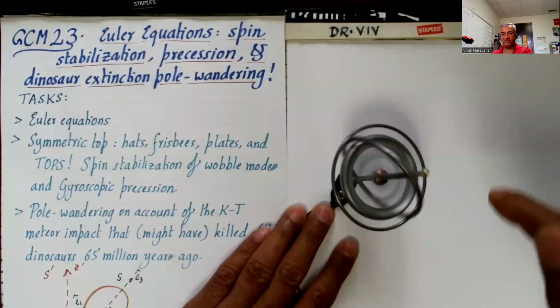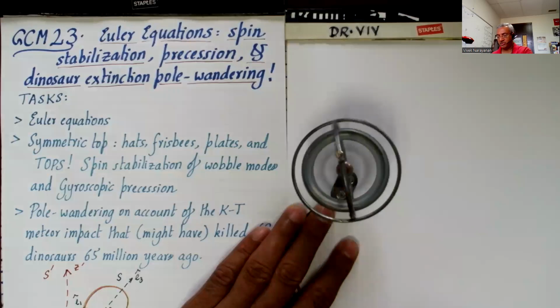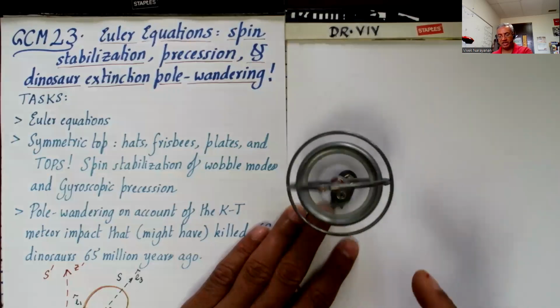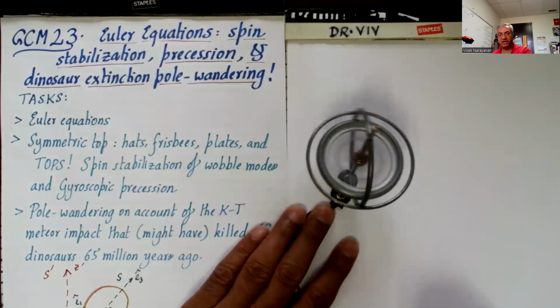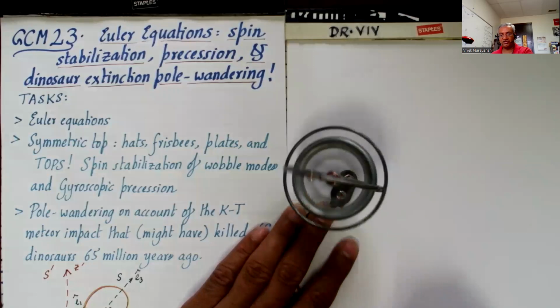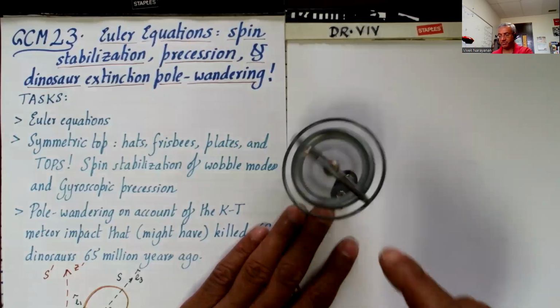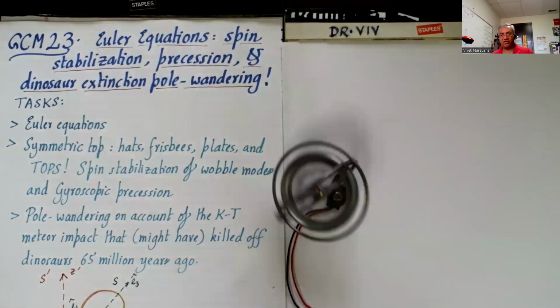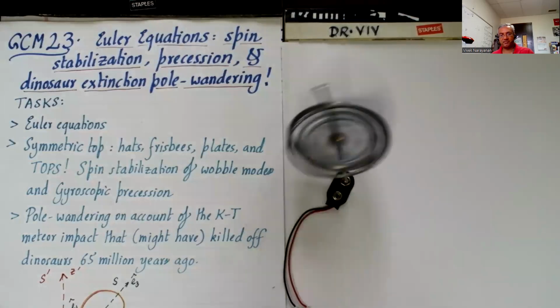So right now this axis is rotating at a certain angular speed. The actual angular speed of the gyroscope is very high, several RPM, but the rate of rotation of this axis is not very high. But as the gyroscope slows down, you notice that this rate becomes higher and higher. So that's one of the characteristics of this precession motion, and we wish to study that.